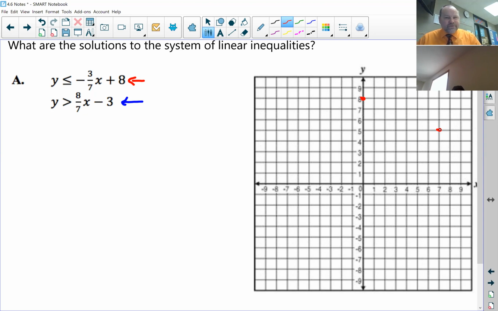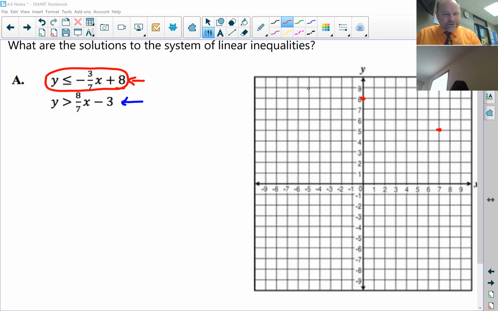Will that first one have a solid line or a dashed line? You can unmute or let me know on the chat. So will that inequality have a solid line or a dashed line? Yes, excellent.